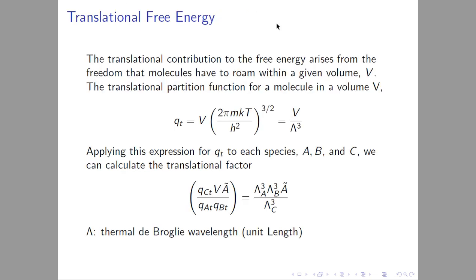Next is the translational free energy. A can move around in the solution, B also can move around in the solution, and C also can move around in the solution. So the translational partition function for a molecule in volume V, we can say Q_T equals V over (2 pi m kT over h bar squared) to the 3/2 power.